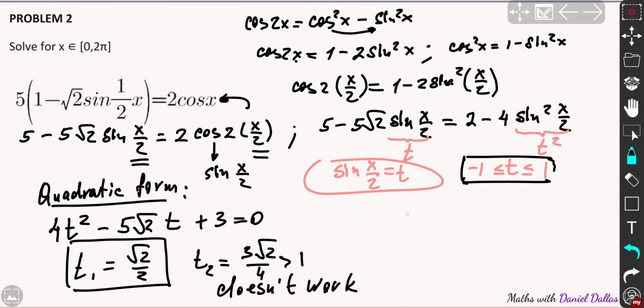So that's why I go back to sine x over 2, and we write sine x over 2 equals, in this case, square root of 2 over 2. Again, you can go back to the basic unit circle and figure out square root of 2 over 2.